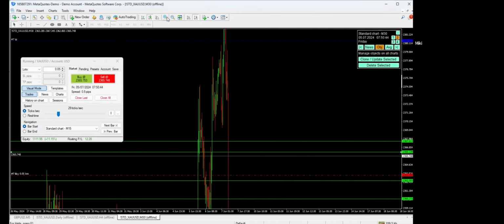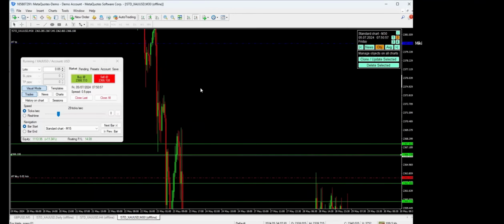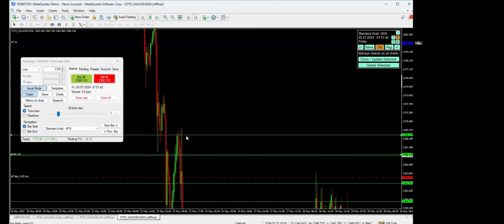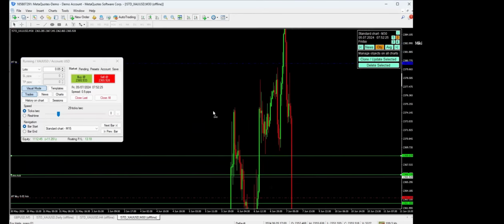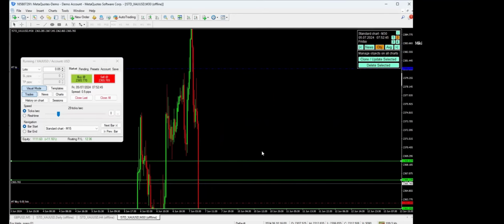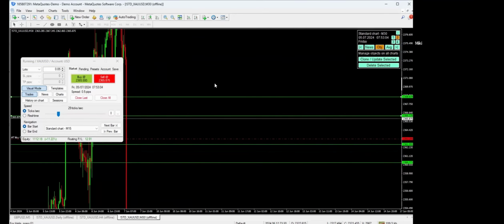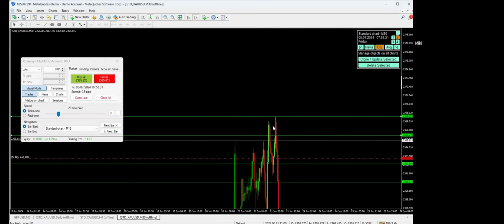I mean, it's just clean candles to the left. Oh, where are we here? Why is that? That must be another level before. Oh yeah, it was a bit lower.